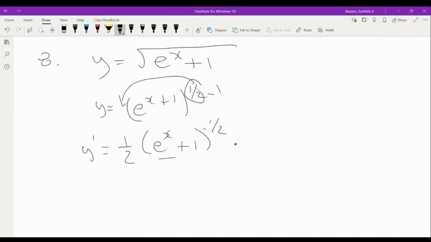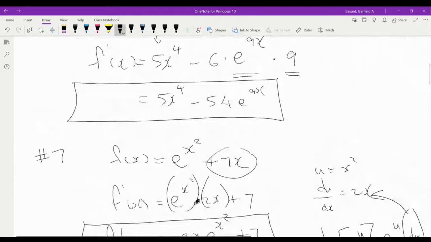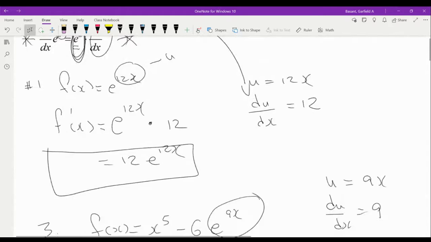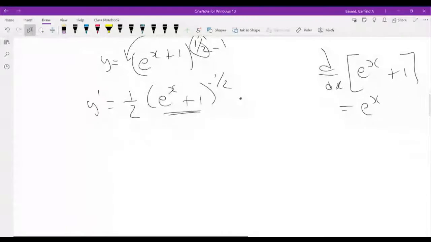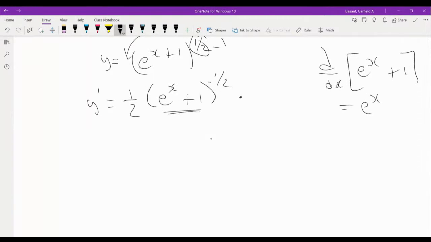And the derivative of the inside, e to the x plus 1, is just equal to e to the x from our rule at the very top. It's not there, but e to the x is because the derivative of x is just 1, and the 1 cancels out.